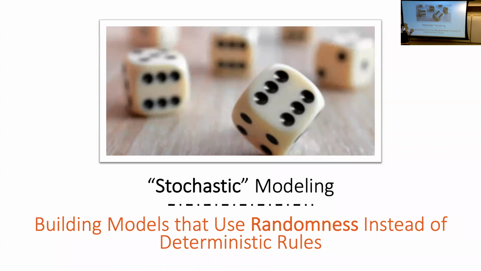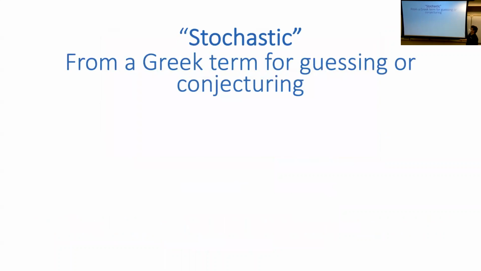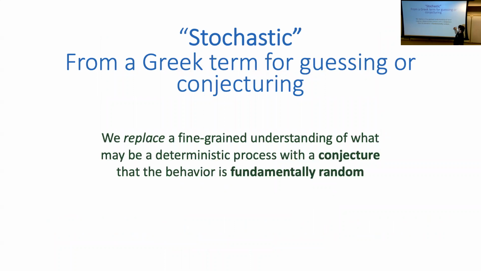And so it's this approach of modeling something as if it's random, even when it's not random, that we refer to as a stochastic model. The word stochastic actually comes from a Greek term for guessing or conjecturing. It doesn't even have anything to do with randomness. Initially, the first people that used stochastic modeling wanted to have a name for it.